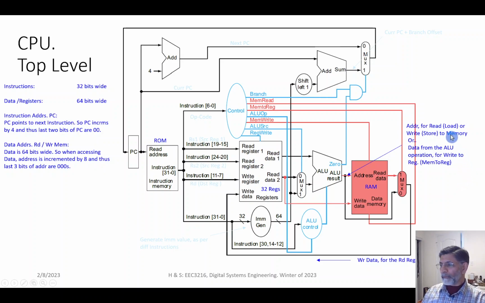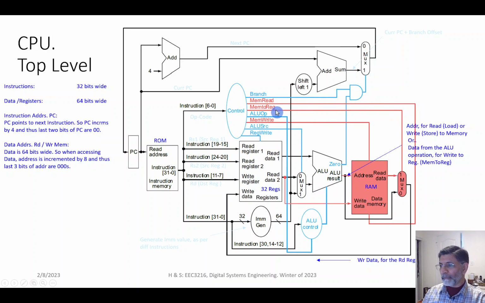Here you can see we are referring to the ALU, which is the arithmetic and logic unit, which will do operations like addition, subtraction, shifting, etc. And depending upon the instruction, we may have a 64-bit address here, if we are going to read or write to the memory, or it might be a 64-bit result of the ALU operation.